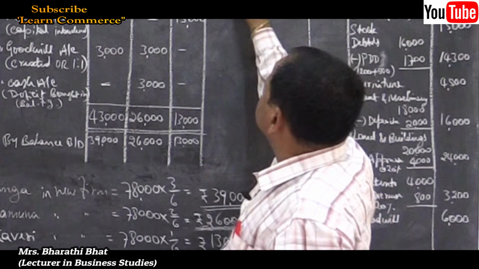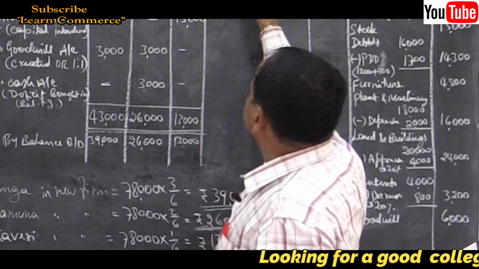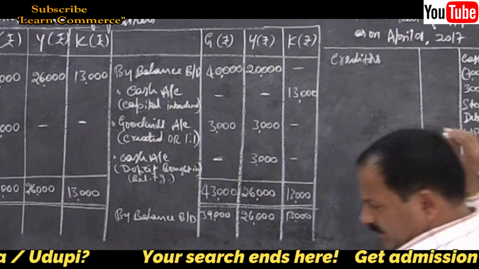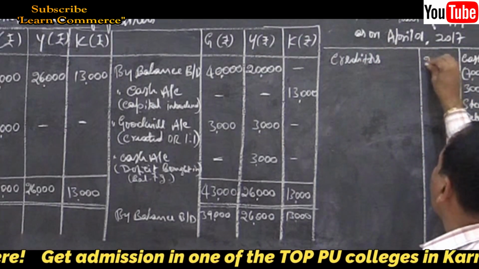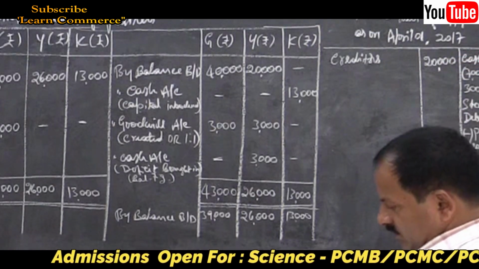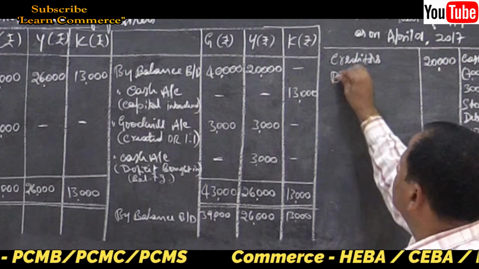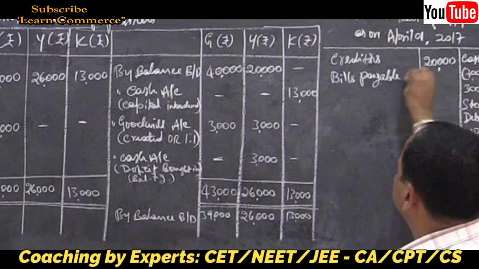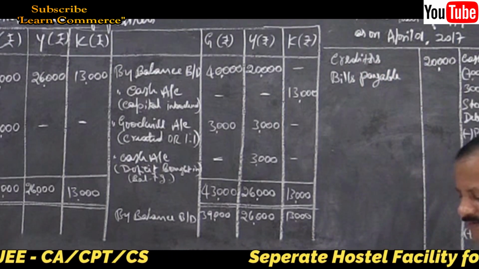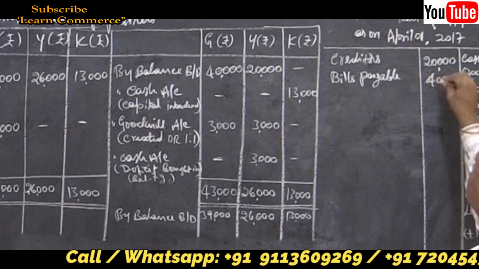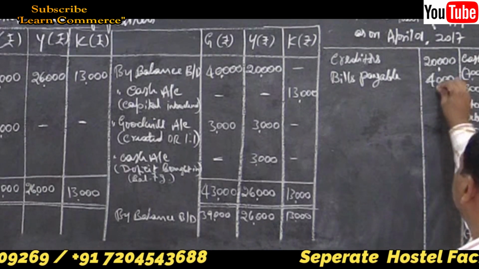Creditors, how much? 20,000. Then bills payable, how much? 4,000.